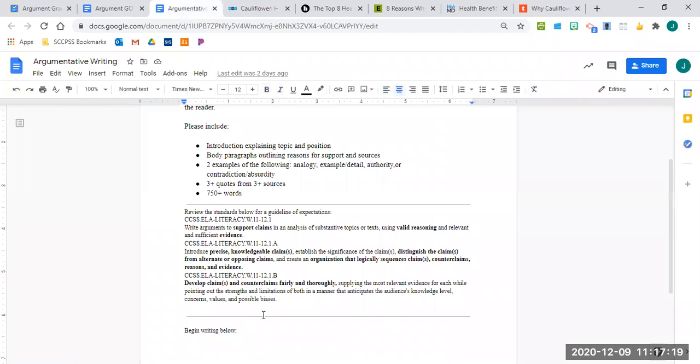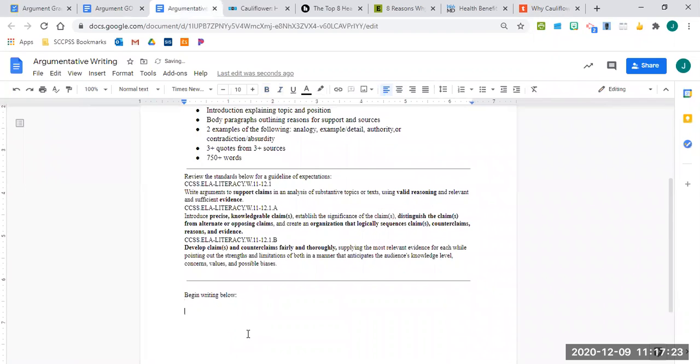In my introduction paragraph, I need to write out the position and the topic. So my introduction, let's see, there's a couple people on this chat.